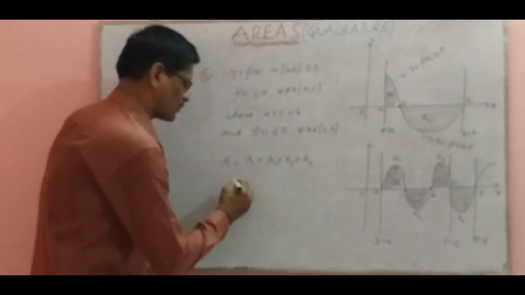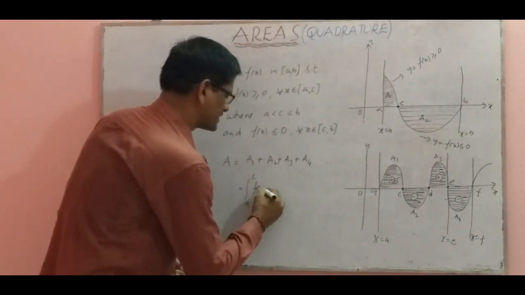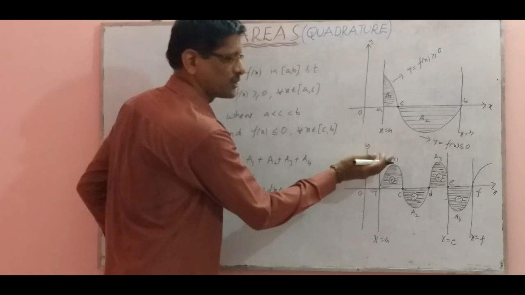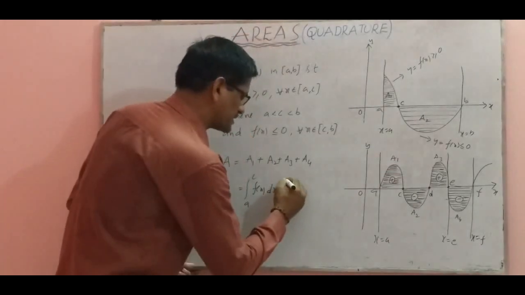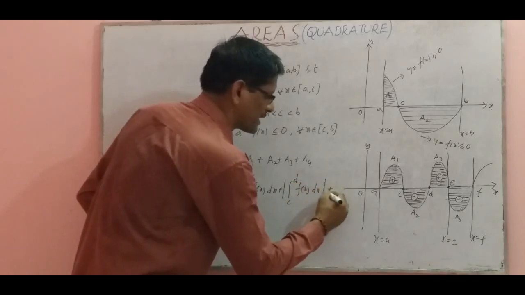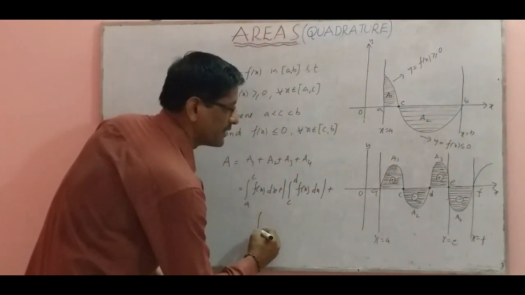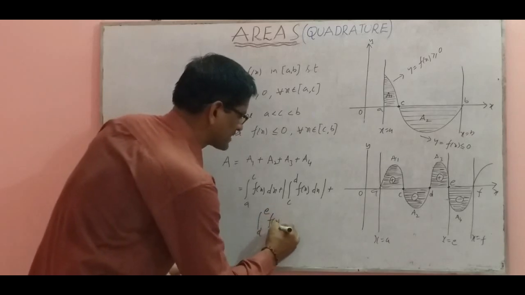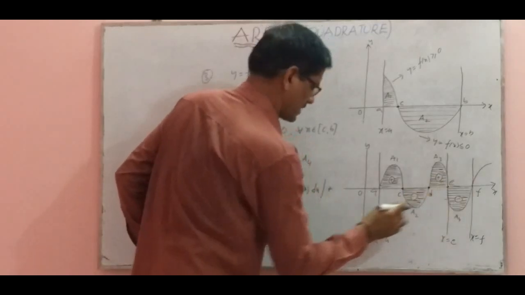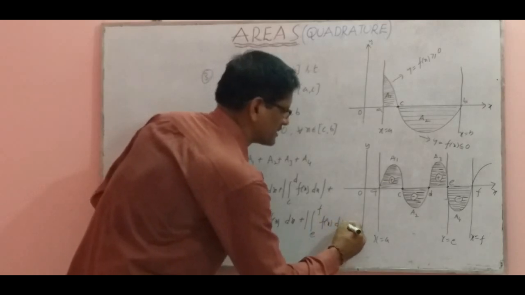That means A is equal to integral a to c f of x dx, plus downward c to d, upward is positive so no need of modulus, downward means modulus integral c to d f of x dx, plus d to e upward integral d to e f of x dx, plus downward e to f, that means modulus integral e to f of x dx.